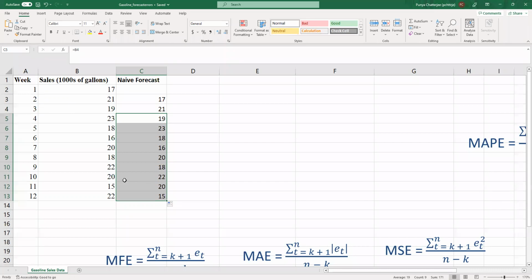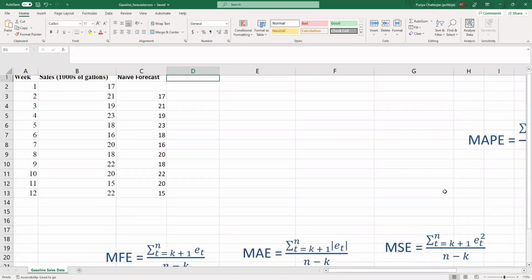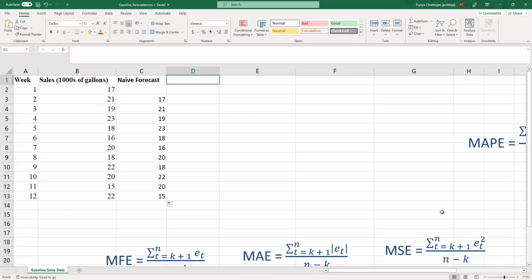And then once we have this forecast, we should be able to tell how good this forecast is. If we have 2 different forecast methods, let's say a naive forecast method, and then we come up with a more sophisticated, better forecast method, how do you say that it's better? The way we can say that is by using one of these error measures that we're going to talk about today: MFE, MAE, MSE, and MAPE.